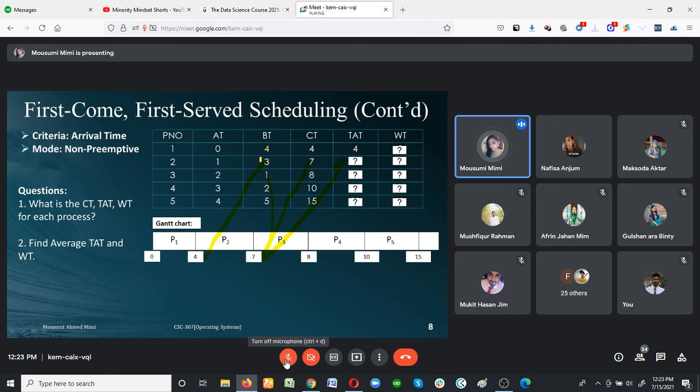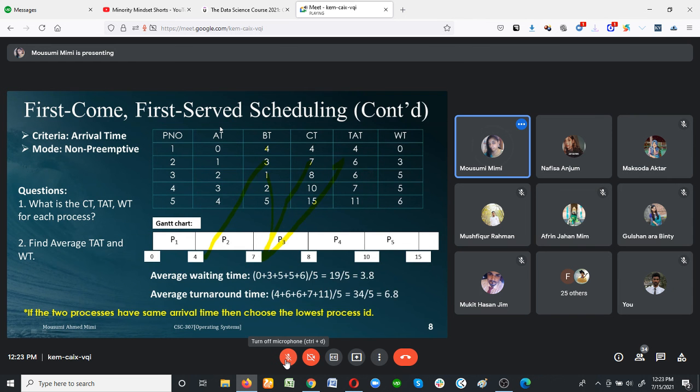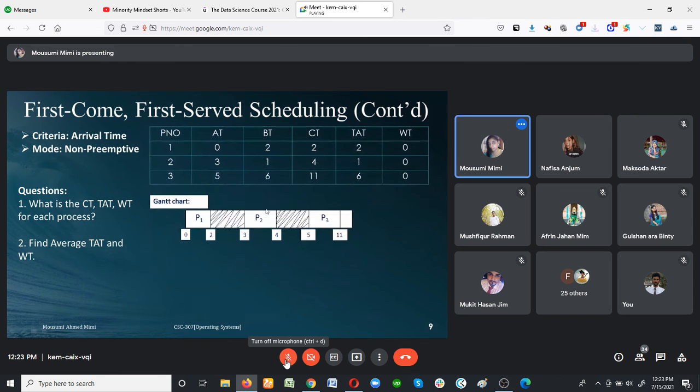But look at the second one. This has already come in the 1 second. This thing and this thing are different. Here the processor is waiting. As it is waiting, you just add arrival time and burst time. It gives the same answer because the processor is waiting here.